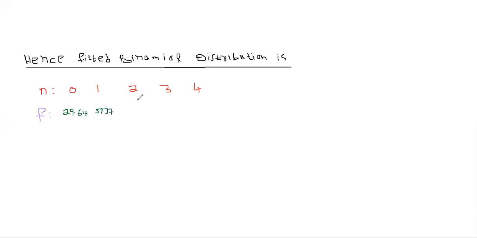For 2, what is the answer you got? 44.45. For 3, what is the answer you got? 14.80. For 4, what is the answer you got? 1.85.